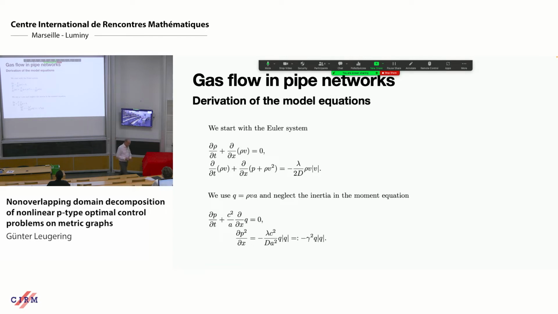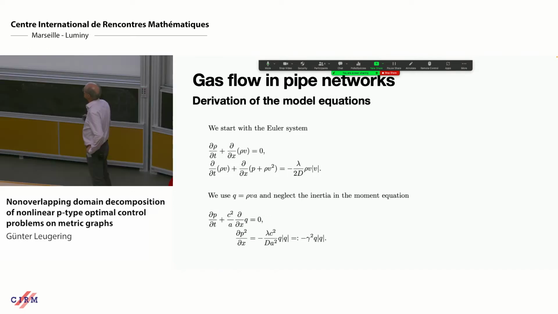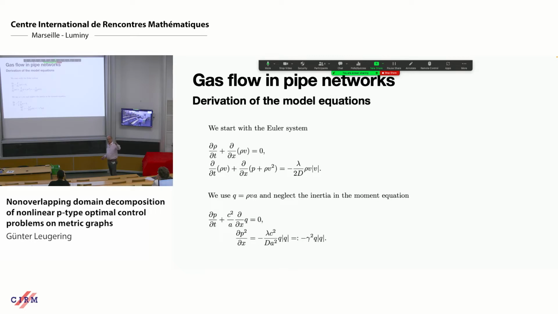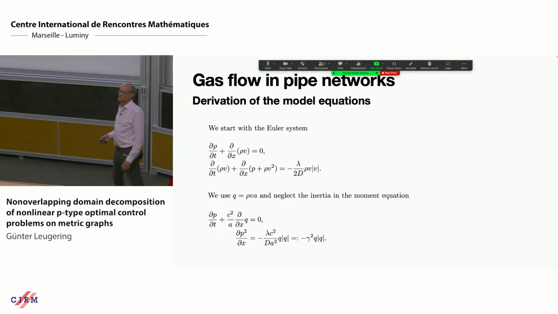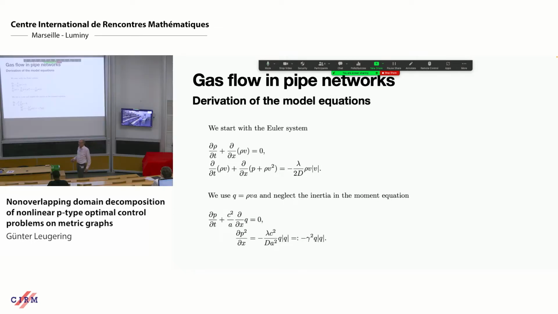So in a gas pipe, you have Euler's gas equation. These are the 1D gas equations without the energy equation, so isothermal, and also without dependence on the slope. So gas pipes have a slope, and the slope enters the dynamics, and this is particularly important if you go with gas pipes over the Alps, which is in fact happening. So you have to be careful about the modeling at this point, right?